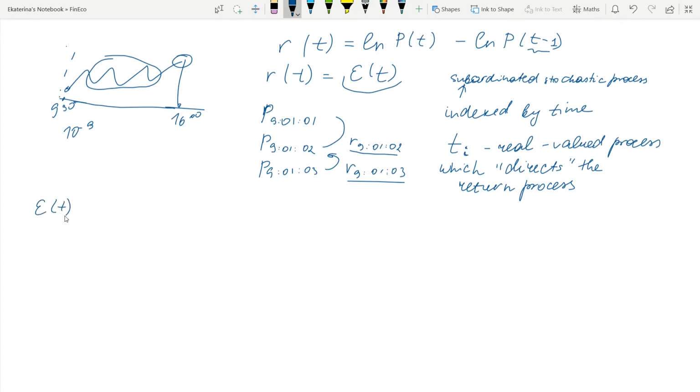Now, for a stochastic process which is subordinated by time, we can assume that epsilon t would be normally distributed with zero mean and variance sigma squared times t.